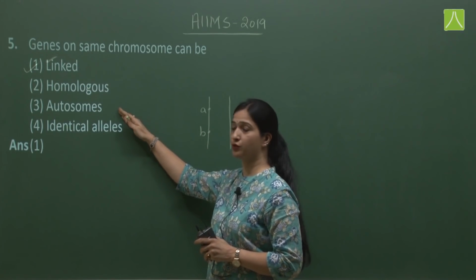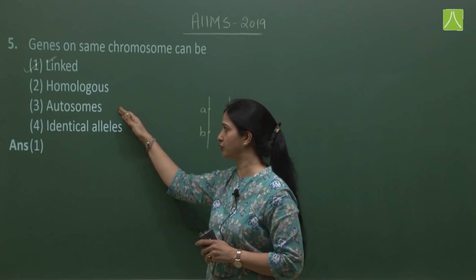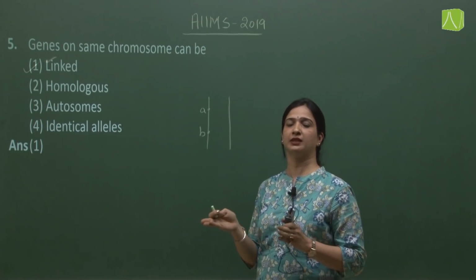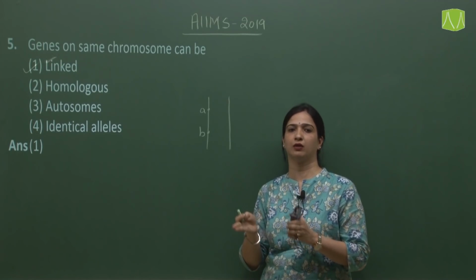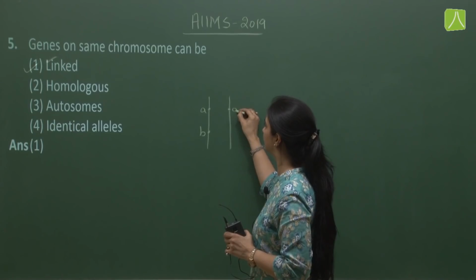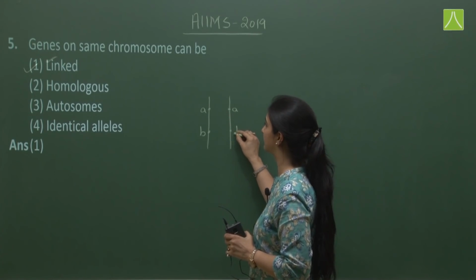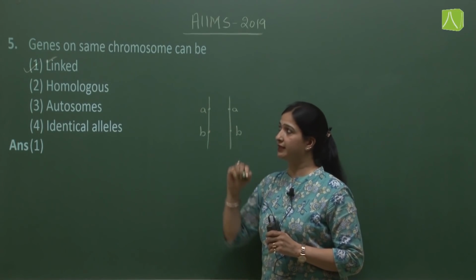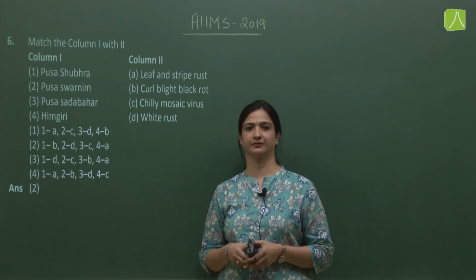Homologous and autosomes, here they are talking about the chromosomes. Identical alleles actually, the alleles are present on the same loci on the homologous chromosomes. Same loci means this one, this, okay, not on the same chromosome. So here the correct option is first.